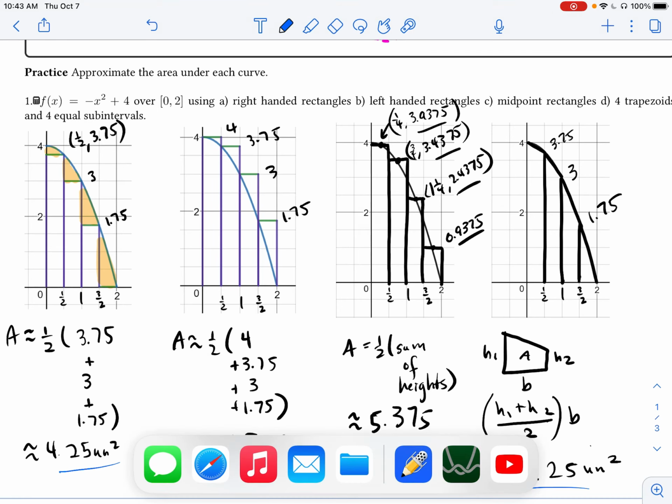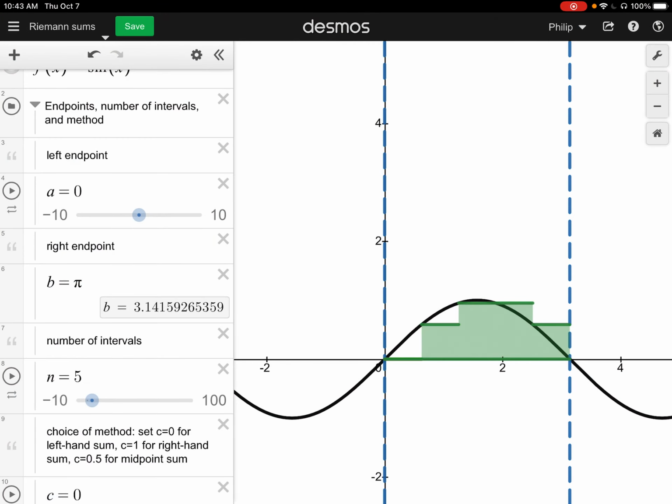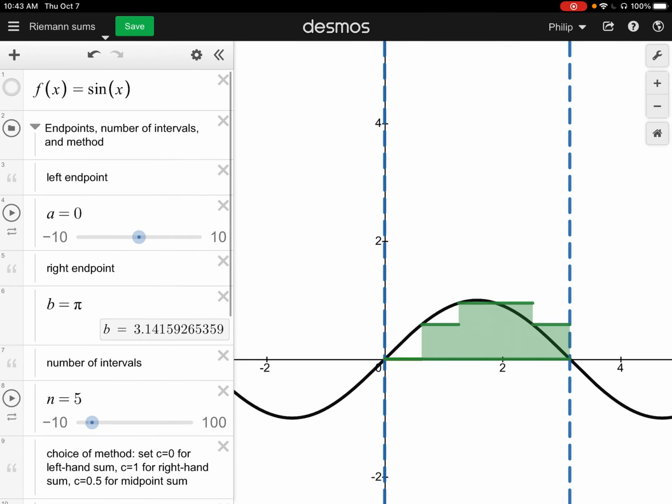Well, I wanted to pull this graph up here so we could take a look. Take, for example, the function sine of x, and let's say we're looking at this function from 0 to pi. We're going to start our interval at 0 and go all the way to pi, which is where b is.